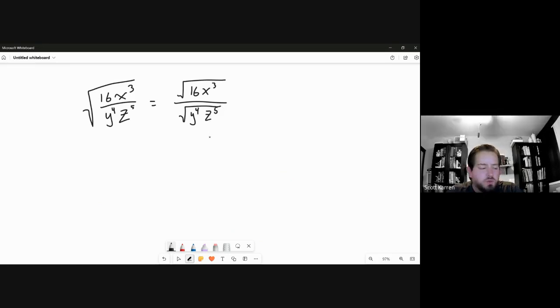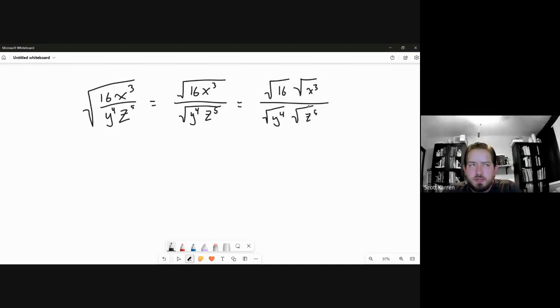And since we're under a square root, we're looking for pairs of factors that can pull out. But I can also treat this as just the square root of 16, the square root of x to the third. I can break up products under their own square roots as well. The square root of y to the fourth, right, and the square root of z to the fifth. It's not necessary. You can think of it this way without actually writing it.